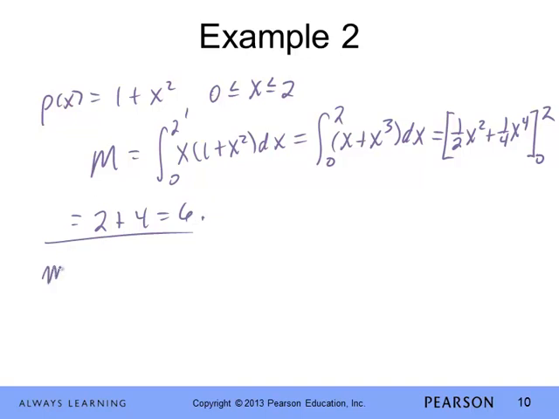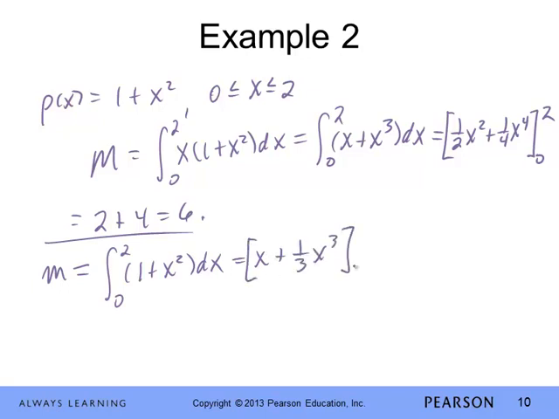And then calculate the mass, the integral from 0 to 2 of the density function. And you get x plus 1/3 x cubed on the interval from 0 to 2. And you get 2 plus 8/3. But 2 could be written as 6/3. 6 plus 8 is 14, so you get 14/3. And then to calculate the center, x bar, it's going to be moment divided by mass.